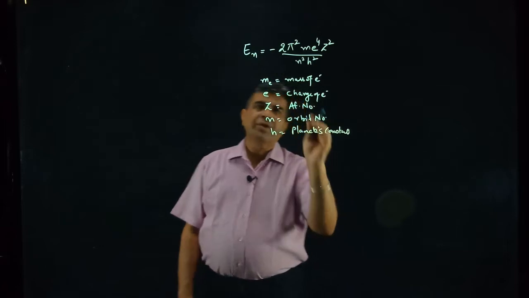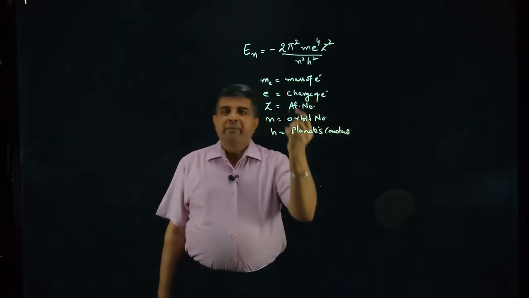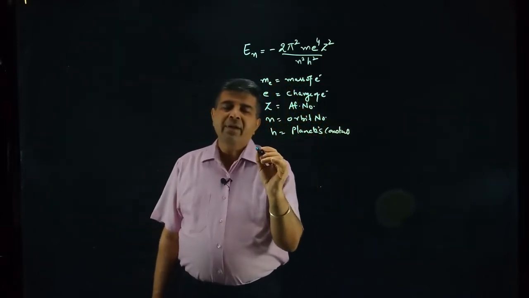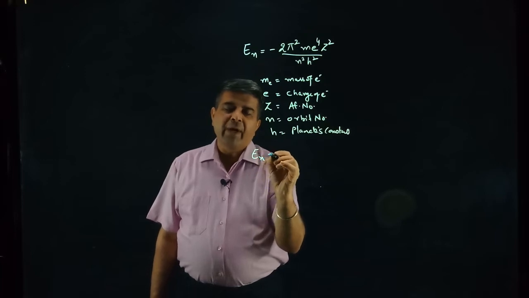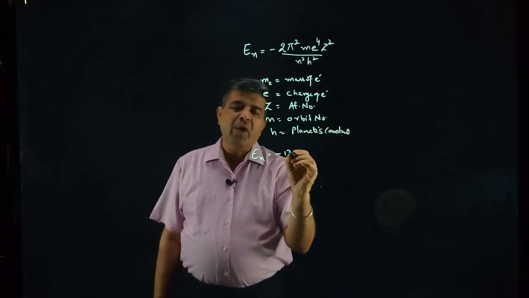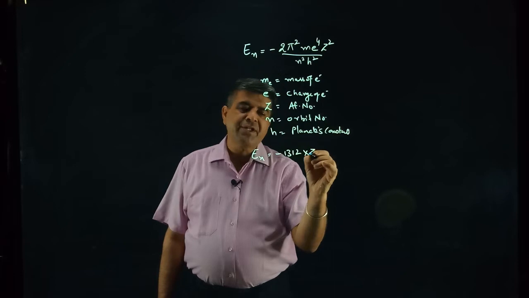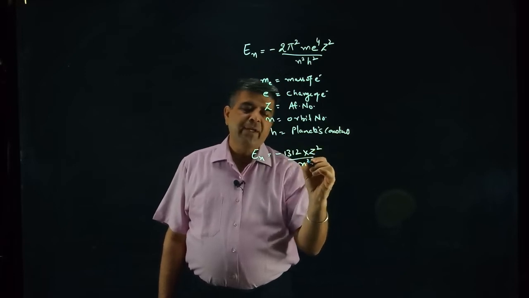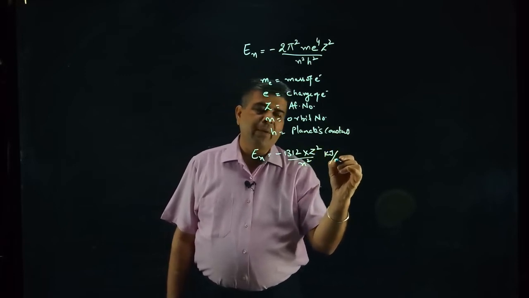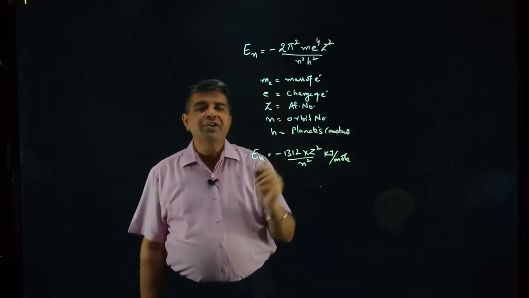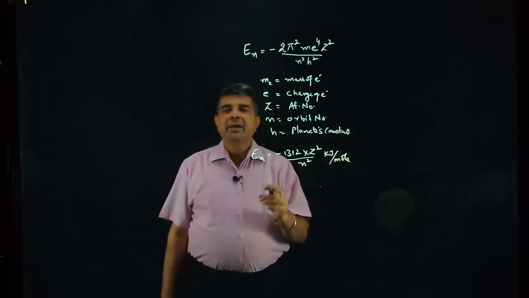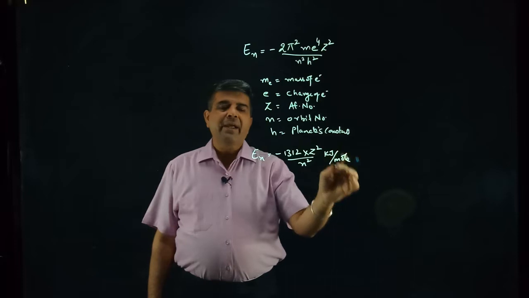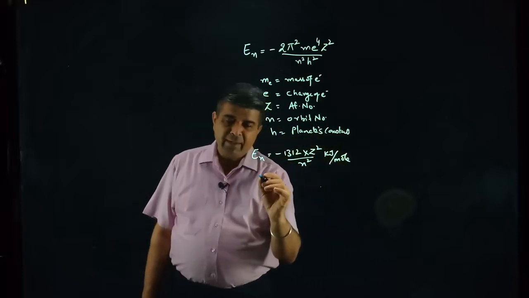If we substitute the values, we can calculate the nth orbit energy, and that would be minus 1312 into Z square by n square kilojoules per mole. So this is the energy of 1 mole of electrons in the nth orbit.